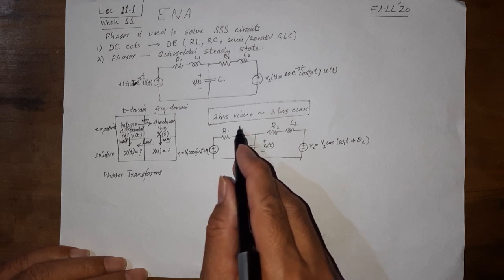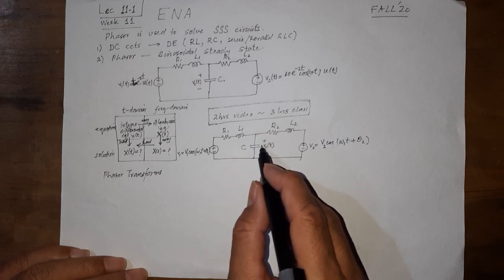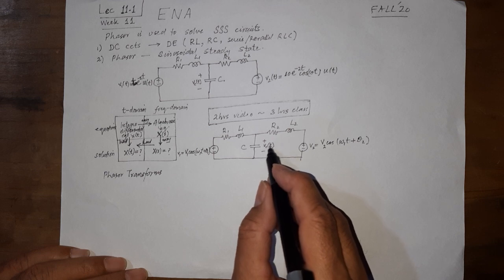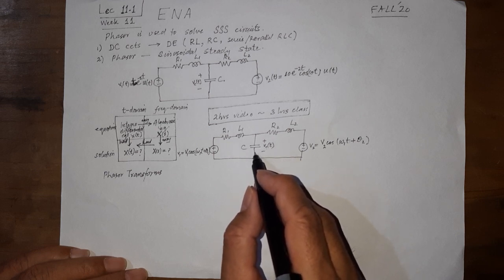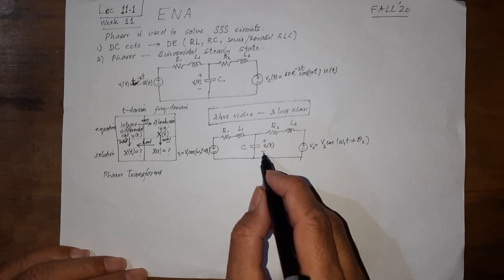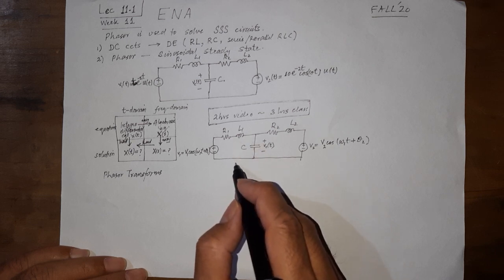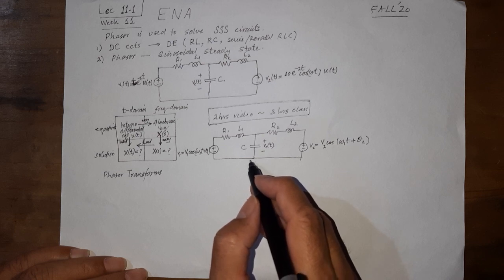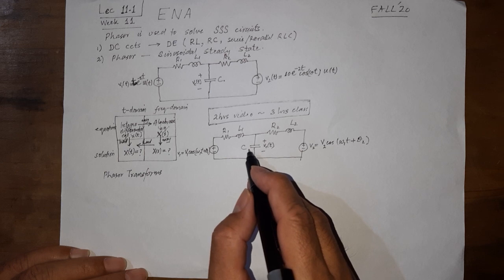So knowing I and L tells us how much energy is there, and the energy stored in a capacitor is half CV square. So knowing V at some point and C can obviously tell how much energy is stored in the capacitor. So if we are interested in steady state responses, we are not concerned how much initial energy was there in the L's and C's.